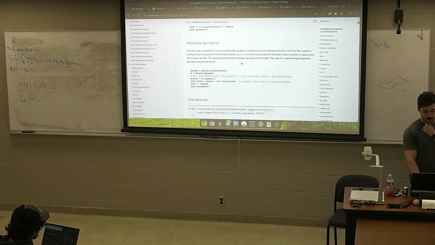So the other way to implement these stochastic or policy gradients would be to use the reparameter trick in the rsample method, where the parameterized random variable can be constructed via a parameterized deterministic function of a parameter-free random variable.